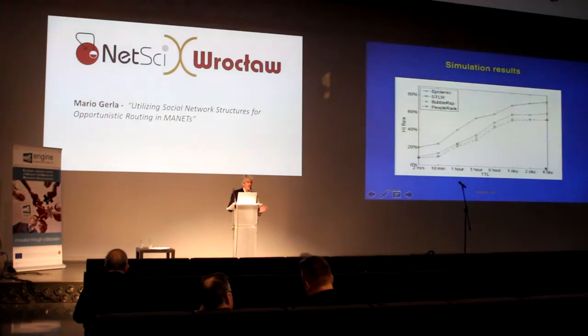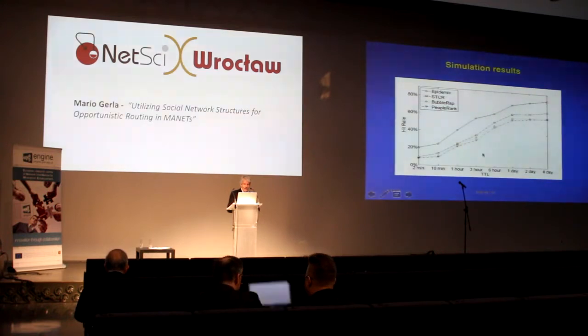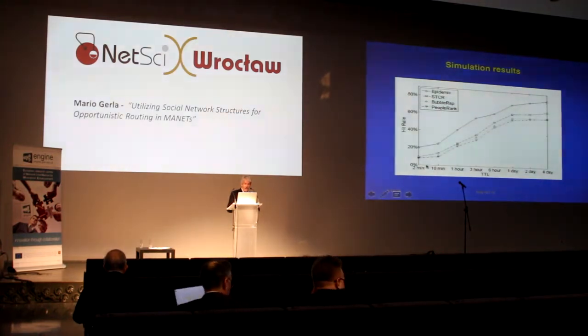But imagine, this is a conference, so there is a probability that two users may never meet each other because they go to different sessions, and one maybe leaves the phone in the hotel room and whatever. I didn't really know exactly how they behave, but in this case, you see that as you increase the time to live, that is the time for the nodes to meet, eventually you reach a very high hit ratio.